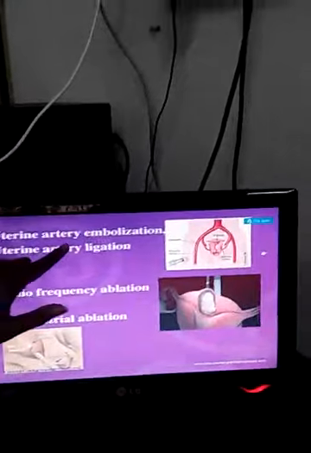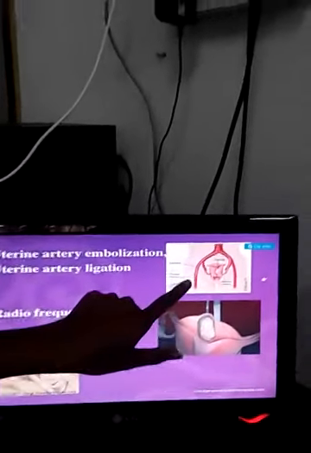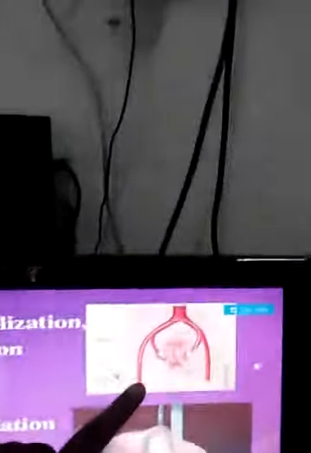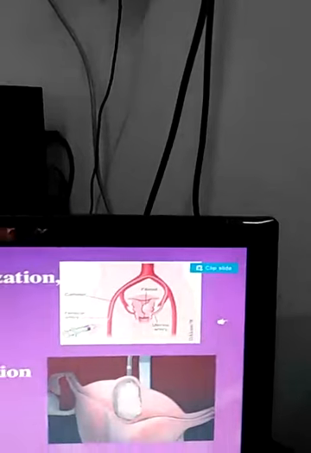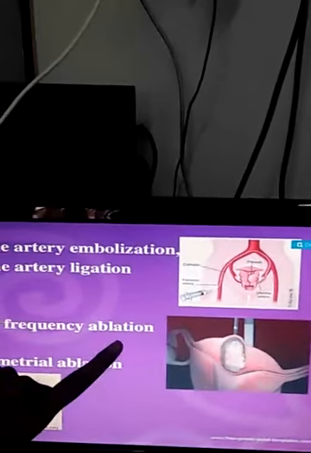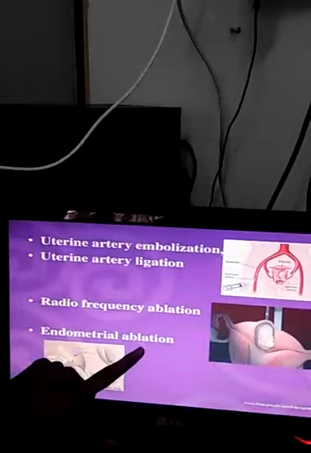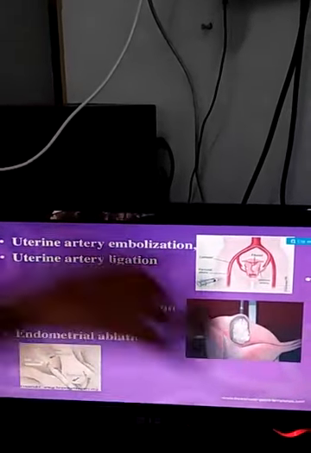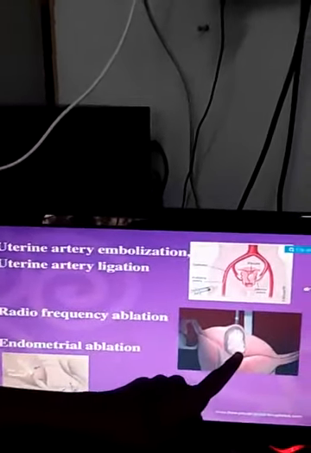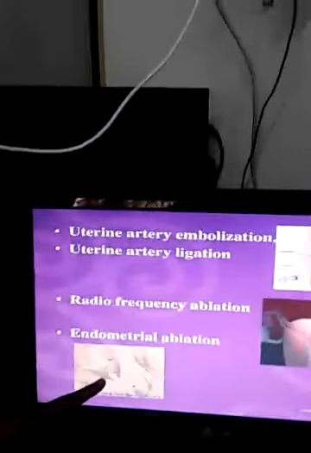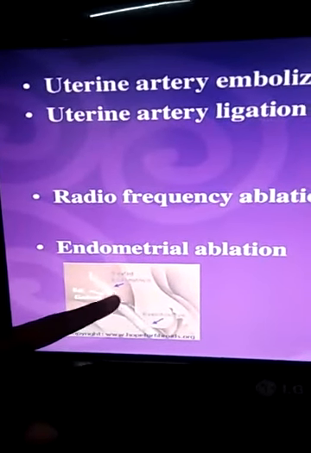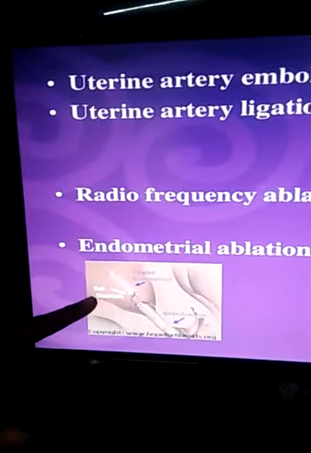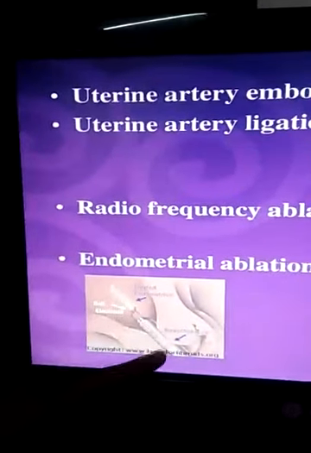Then uterine artery immobilization, uterine artery ligation: ligate it, cut this, ligate it. Radio frequency ablation and endometrial ablation, that is removing a particular part, that is ablation. And this is endometrial ablation, where the instrument goes inside, and the endometrium is treated with a ball electrode.